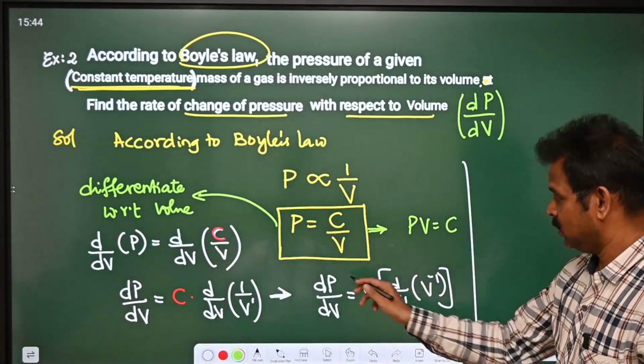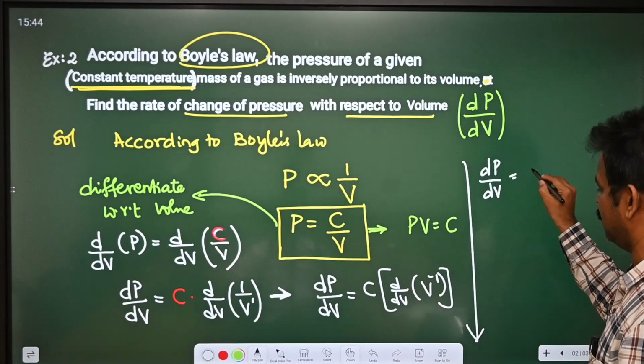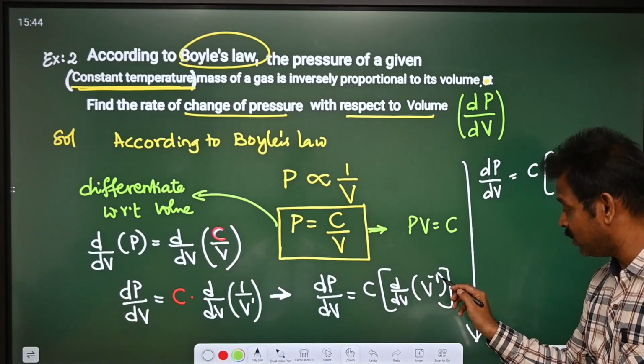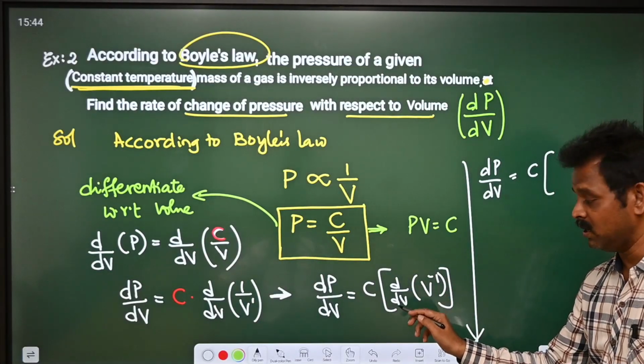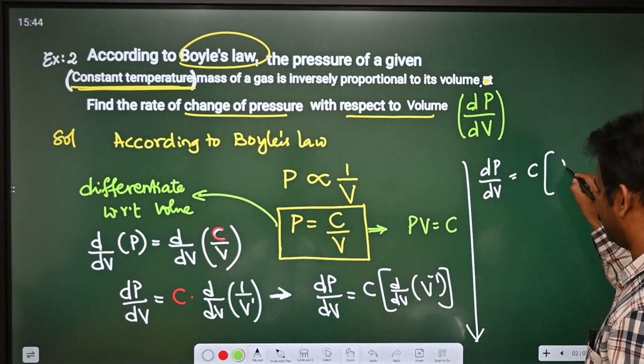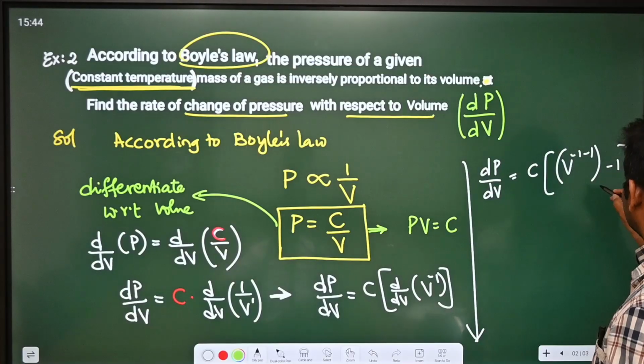This is constant C. Now, power will be reduced by 1 because this is the form of d by dx of x power n, our power rule. This will become V power minus 1 multiplied with minus 1.